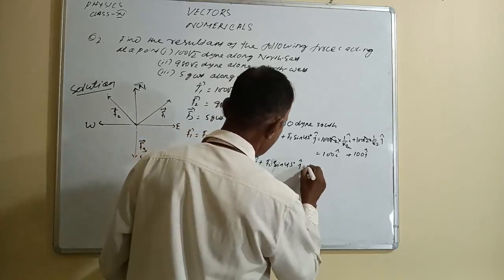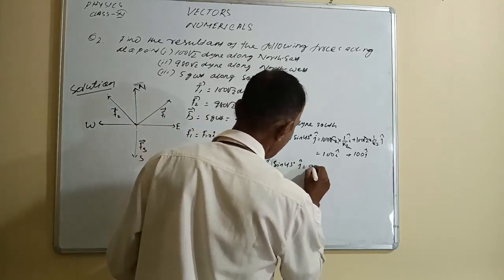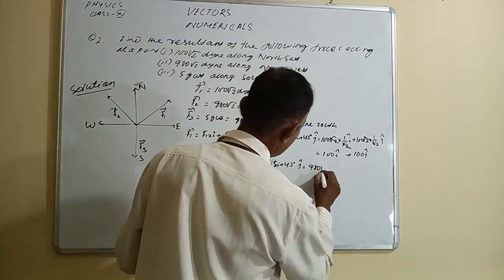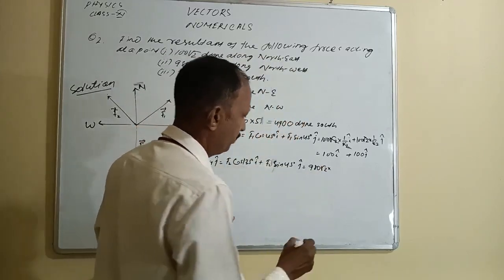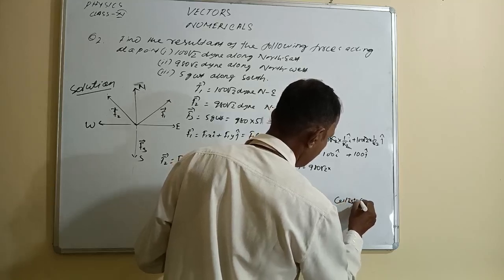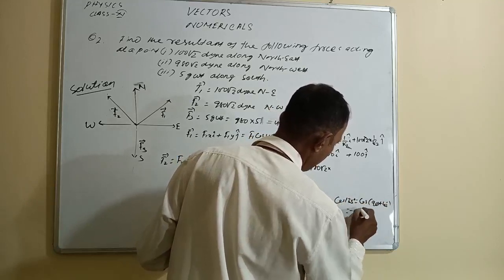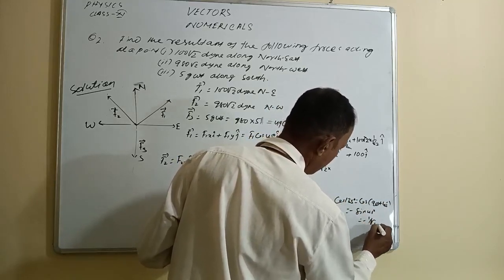In place of F2 I can use 980 root 2 into cos 135 degree. See that cos 135 degree is equal to cos of 90 plus 45, means minus sin 45, that means minus 1 upon root 2.